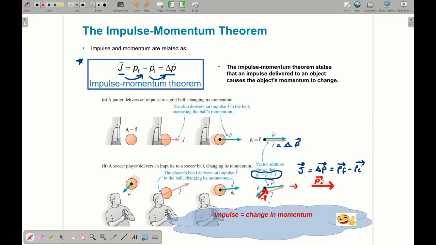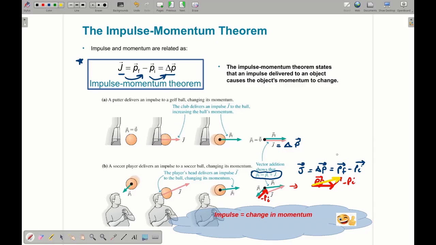So I'm going to take that minus p initial and add it to p final. This guy is p final here. Sorry, folks. So now I'm going to add minus p initial to this, which will be something like that. And from the beginning of the first vector to the end is always the final vector. This will be my J.